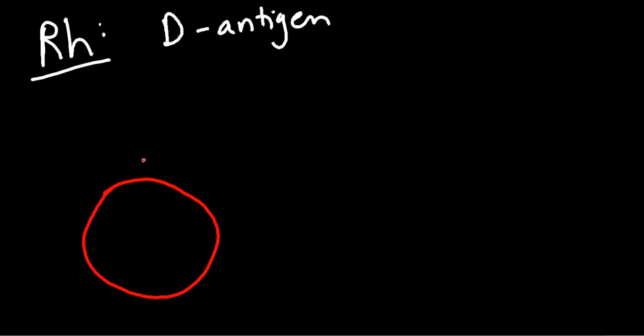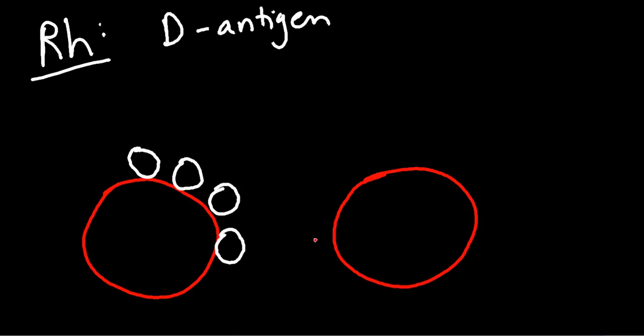So let's draw this as a circle. If our red blood cell here has red or white circles on its cell surface, that'll indicate the D antigen. And then we've got a red blood cell over here that doesn't. So based on that, that's our antigen right there. So the circles mean the D antigen.